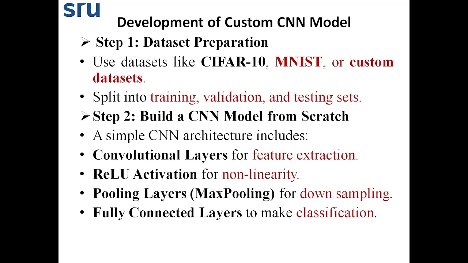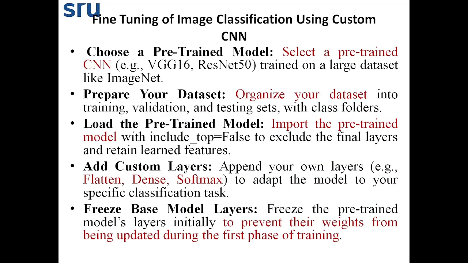In step 2, build a CNN model from scratch. These CNN architectures include convolutional layers for feature extraction, ReLU activation for nonlinearity, pooling layers, max pooling for downsampling, fully connected layers to make classification.